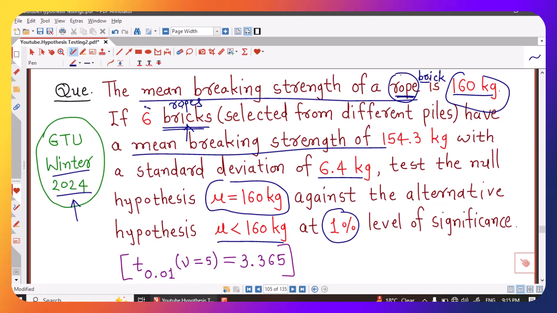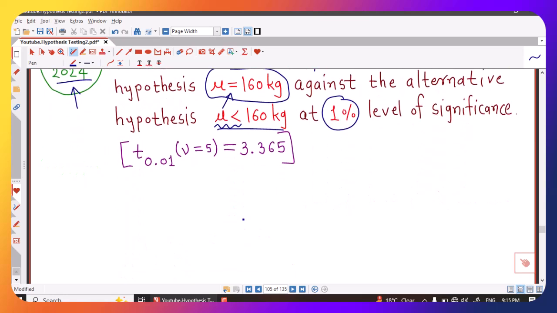They find that mean breaking strength is 154.3 kg for this sample and standard deviation is 6.4 kg. From this sample we have to test the null hypothesis that mean breaking strength is 160 kg against the alternative hypothesis that mean breaking strength is smaller than 160 kg at 1% level of significance.